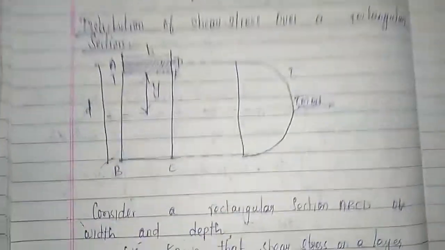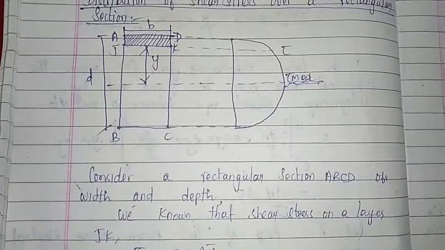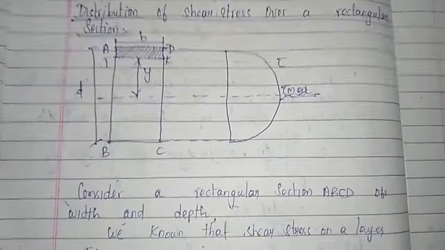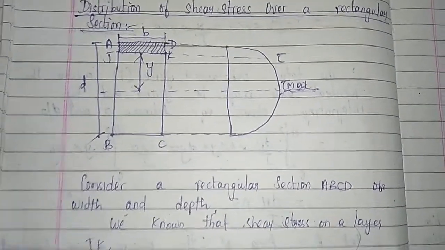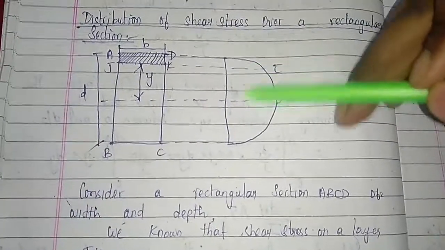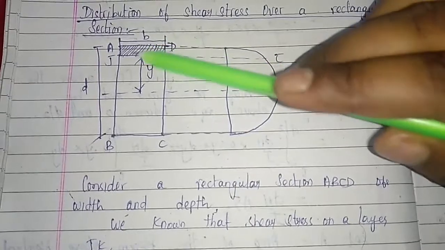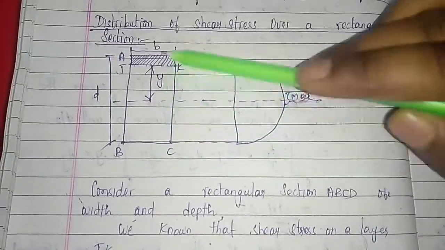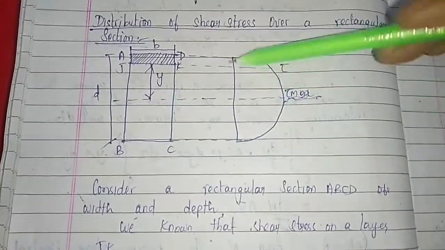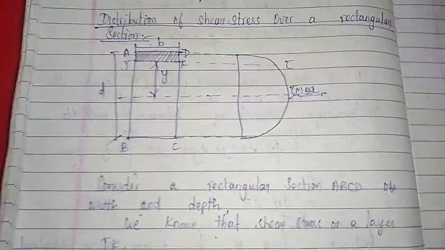The strip is denoted as JK. That particular layer JK is at a distance of y from the neutral axis. This diagram represents the shear stress acting on the given beam section.